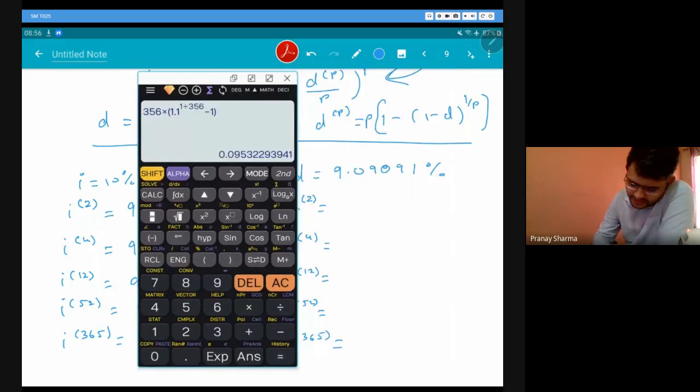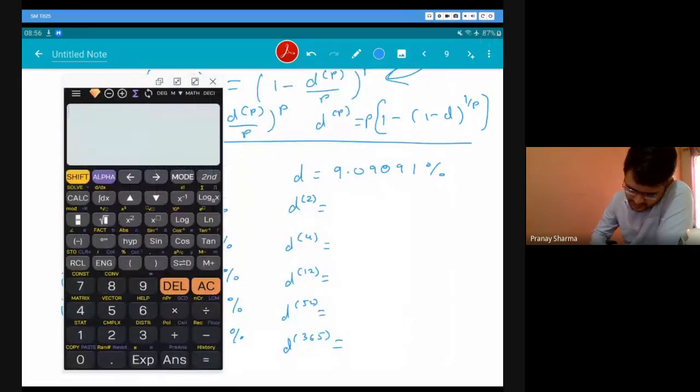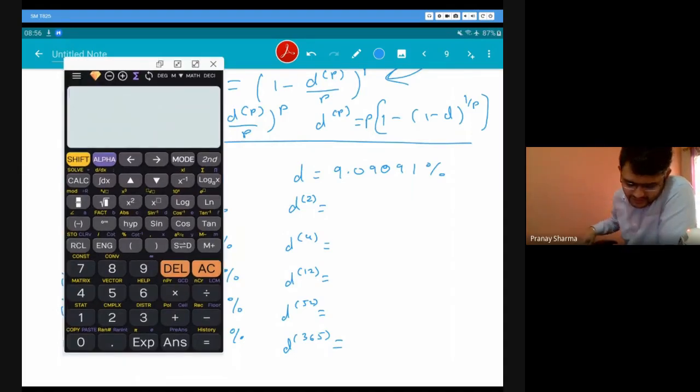Let's calculate our d's. So d2. Now one of the features of our calculator is we can store a value. Now how do we store a value? Like here I had d, I will write 0.1 divided by 1.1, that became our d.